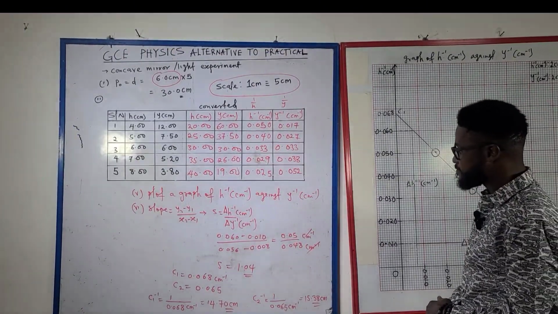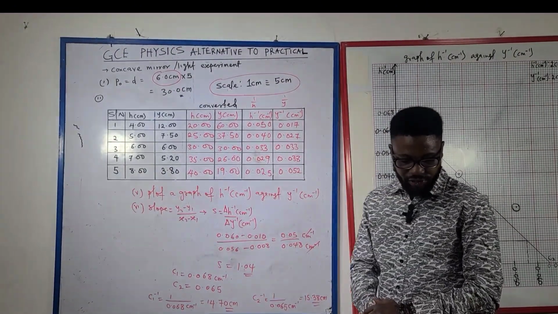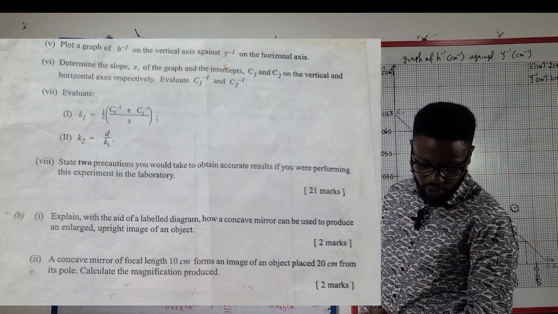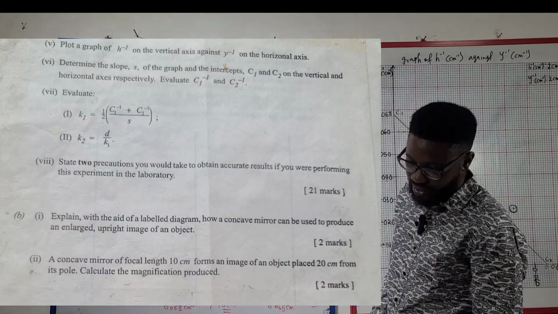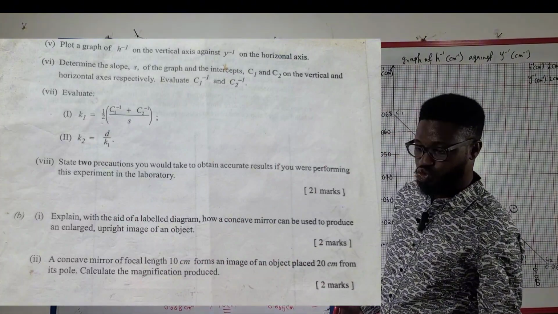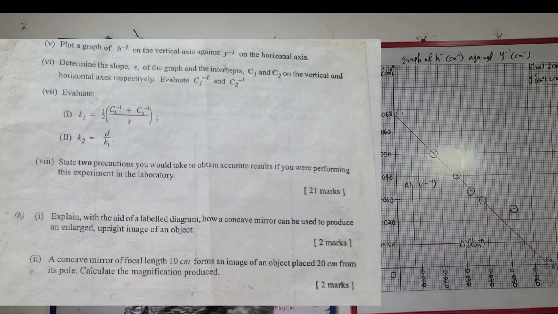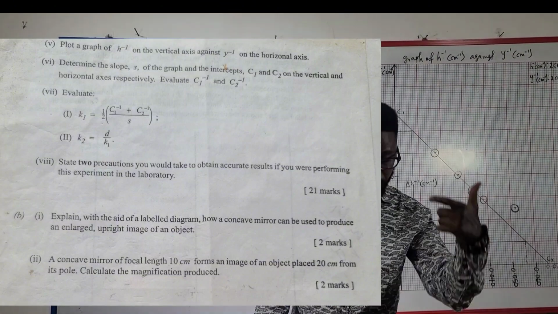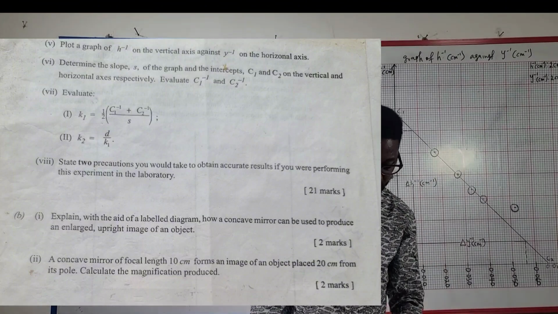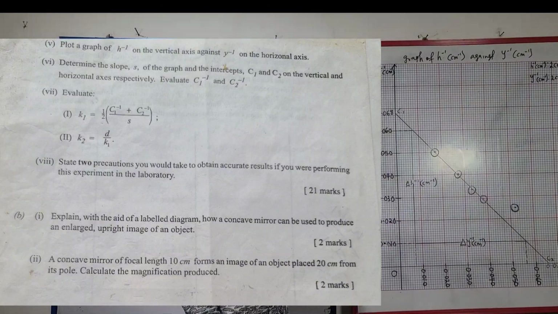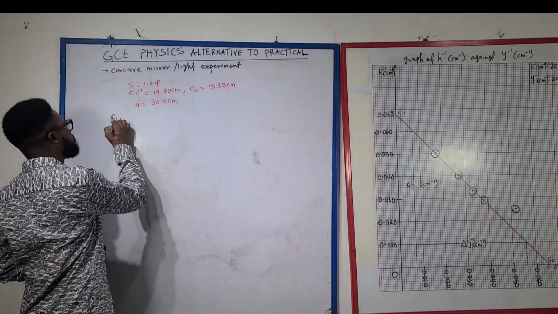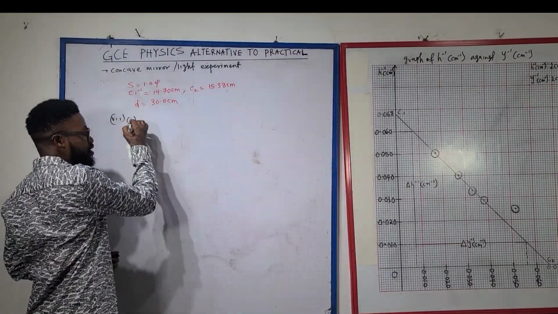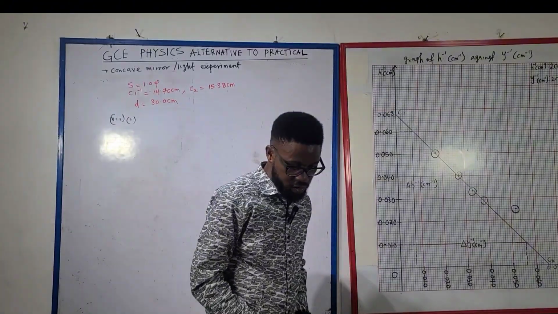So the next thing, for question 7, I was told to evaluate certain quantities K1 and K2. Evaluate K1 for question 7, Roman figure 1.